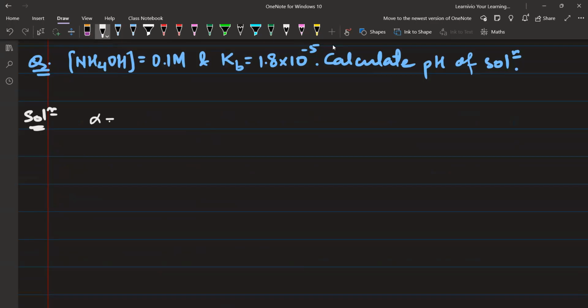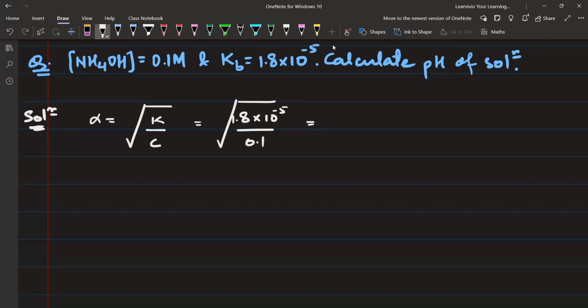first I will calculate the alpha, which will be equal to under root K upon C. K is equal to 1.8 into 10 to the power minus 5 divided by C, which is 0.1, under root. So this will be equal to 1.8 into 10 to the power minus 4 under root, which will be something into 10 to the power minus 2.